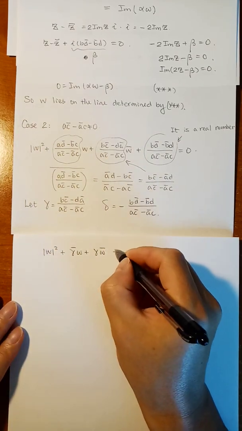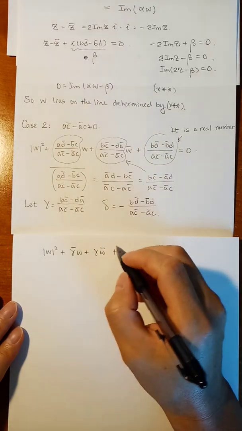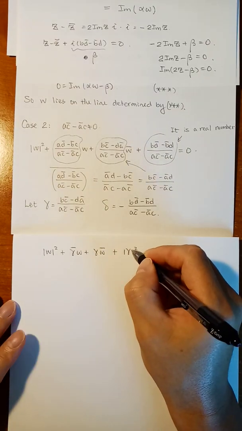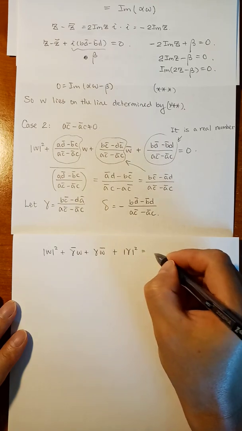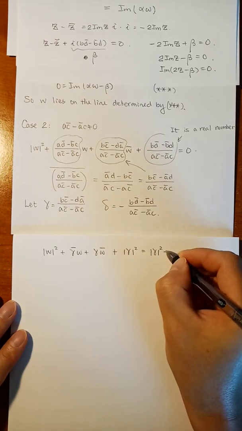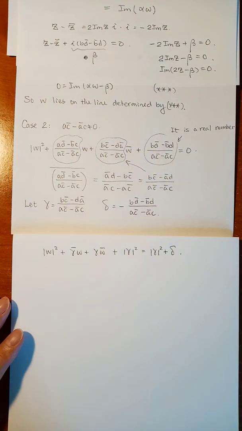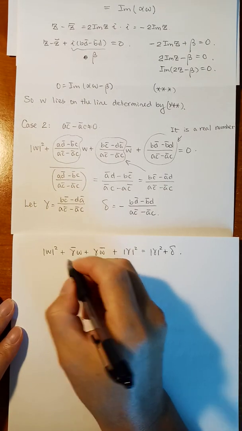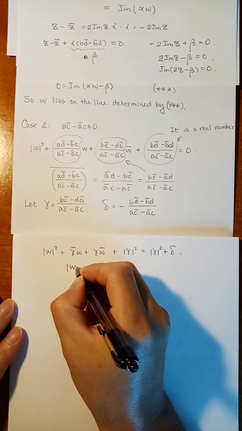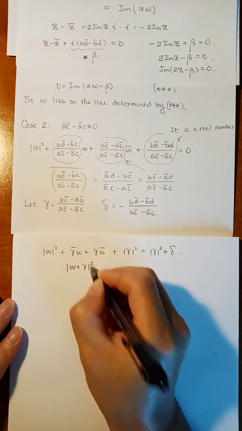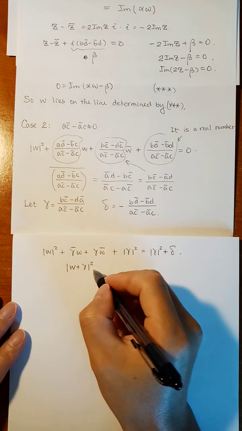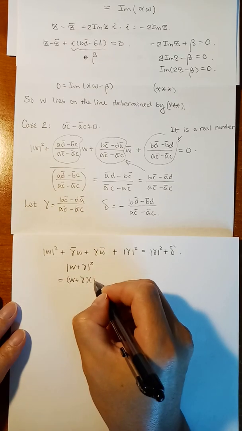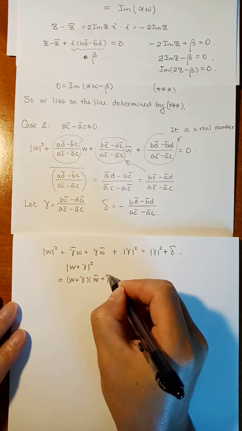Completing the square in the complex number system is like this: you add modulus gamma squared. Okay, and then these two, it is actually like this, because this one is W plus gamma times W bar plus gamma bar.